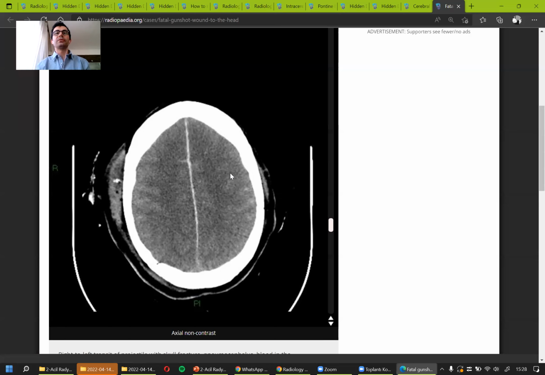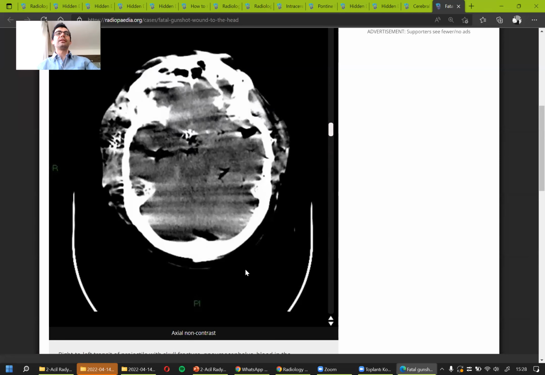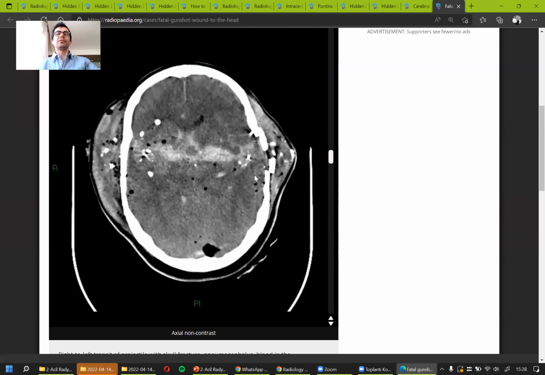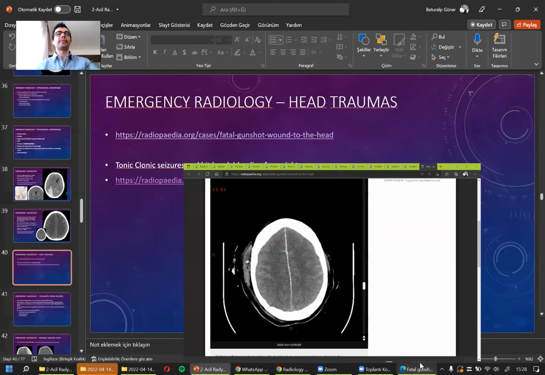The subarachnoid space is totally obliterated. We are seeing small areas of bleeding, which are covering the walls of the subarachnoid space and the falx cerebri here. So yeah, this was quite obvious, but I wanted to show this patient because it is an example of cerebral edema.